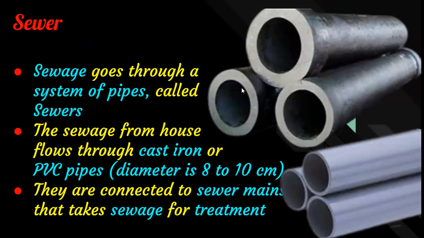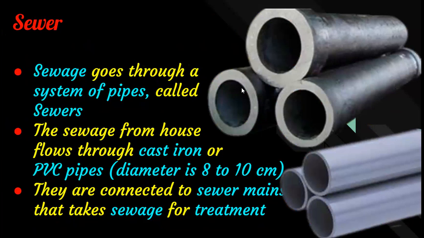Sewer. In the previous slide, we have learned what sewage is. Now let us learn how sewage flows from one place to another. Sewage goes through a system of pipes called a sewer. A sewer helps in collecting, treating and disposing of sewage.